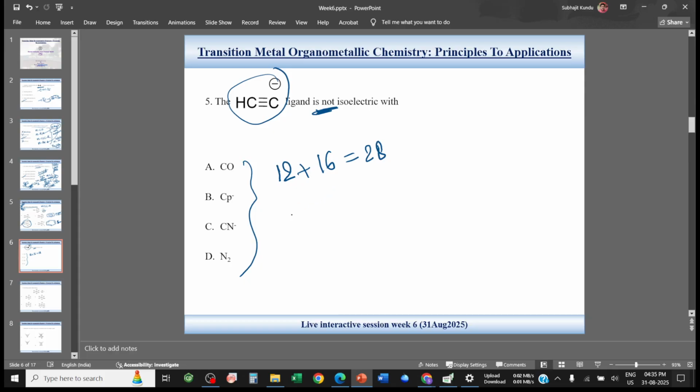Then for cyanide, CN⁻: 12 plus 14 plus 1, that equals 27. And then nitrogen, 28.